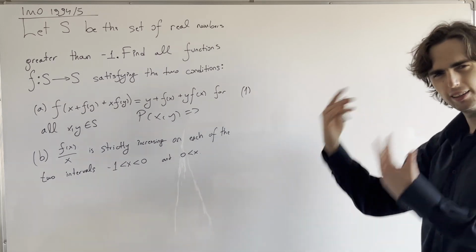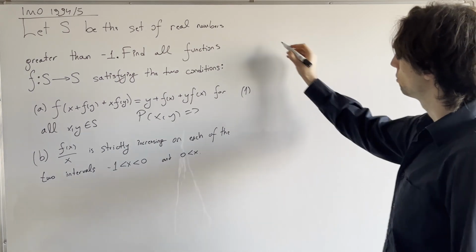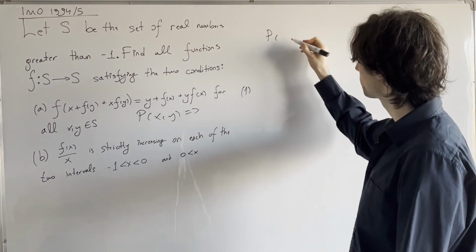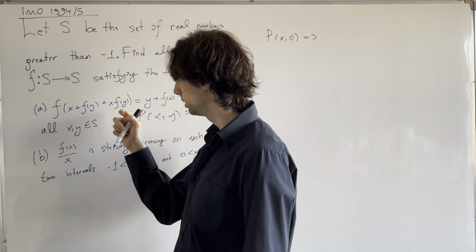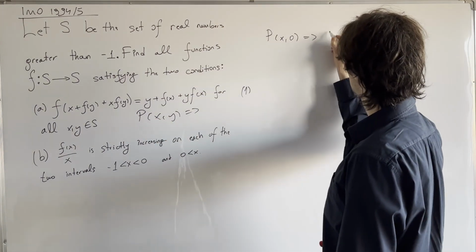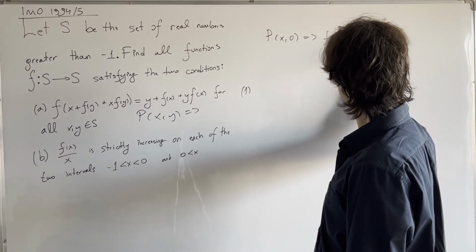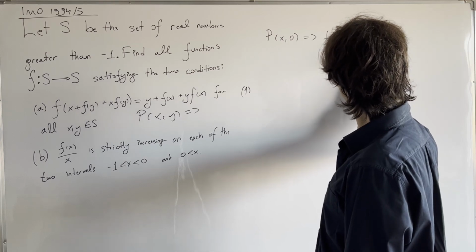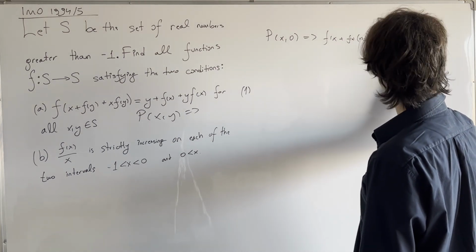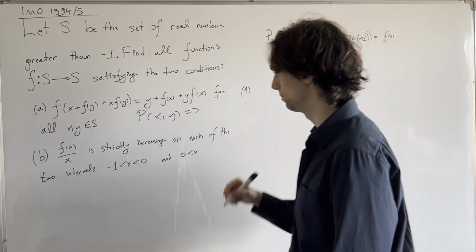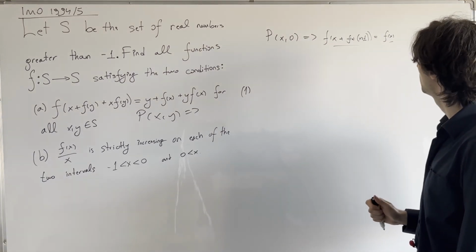Let's plug in y is 0, so P of x and 0 implies f of x plus f of 0 times x plus 1 is equal to f of x.